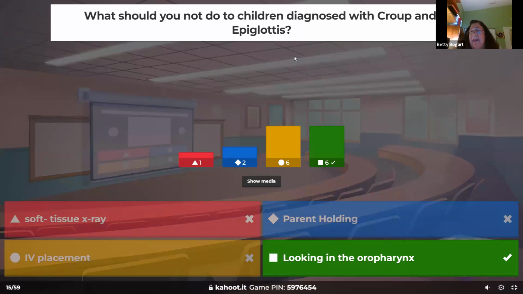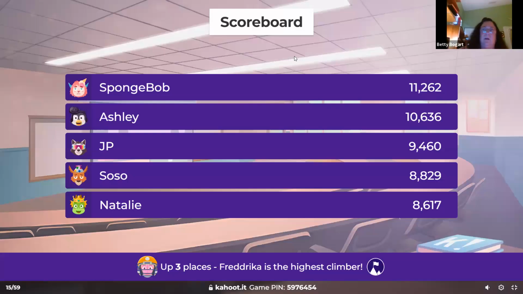You cannot get air in at all. These children look like a chronic elderly COPD patient, leaning forward, tripod positioning, trying to find a place and trying to breathe. They're drooling, they have garbled speech. They look like they're in distress, okay? If you go and look in there, what have you done? You have increased the inflammation. There's no reason to look in it when we're seeing this barely getting air in and all those other symptoms. Don't look at it.